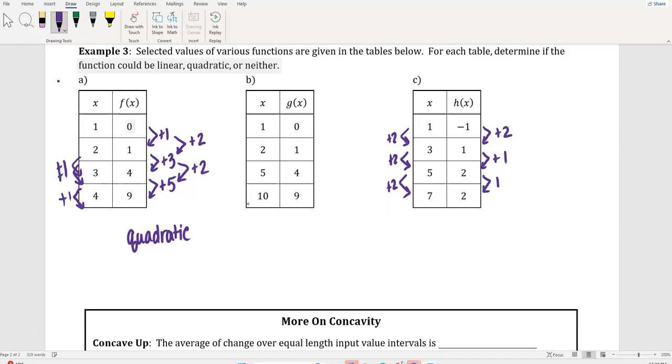And then the y values increase by nothing here, right? Does table C represent a linear function? No, because I'm not getting the same number right here. But if I do the second difference, from 2 to 1, that goes down 1. From 1 to 0, that goes down 1. So this table is also quadratic.